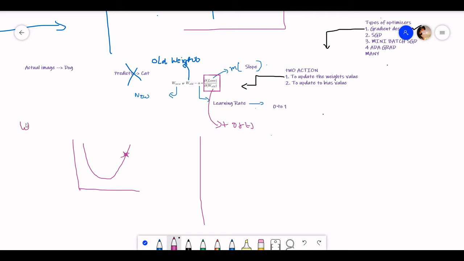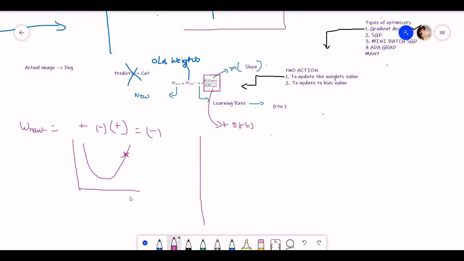W new equals W old, this has a positive sign, and this has a negative sign, and if our derivative is positive, it will be minus times plus, a minus sign.